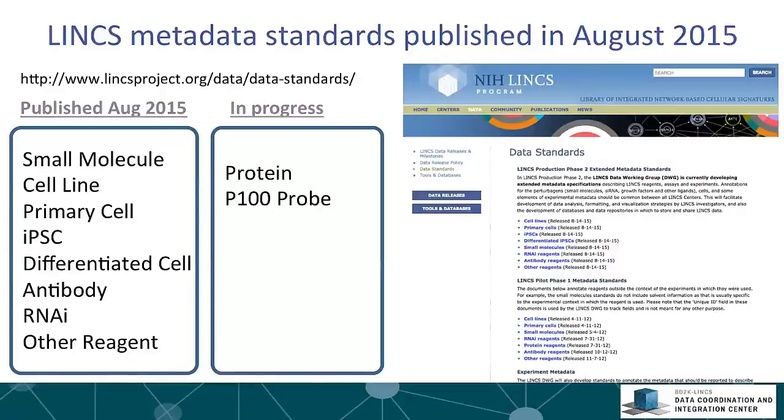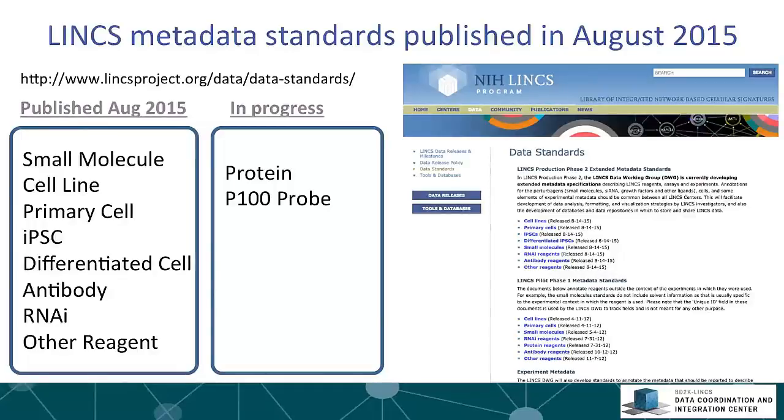Beyond identifying metadata entities, we also capture annotations that are important to link LINCS data to third-party resources and to analyze and query LINCS data. For example, cell lines are annotated by tissues and diseases, or small molecules will be annotated by known targets.